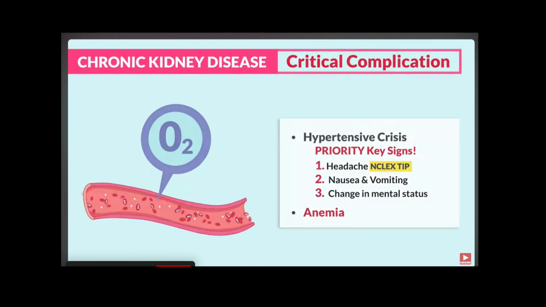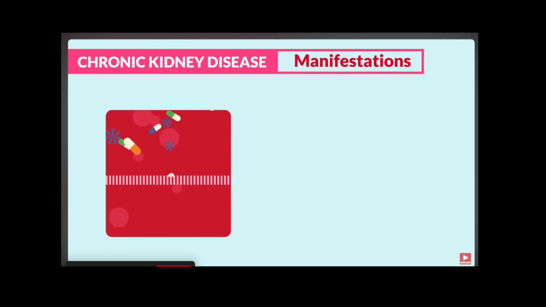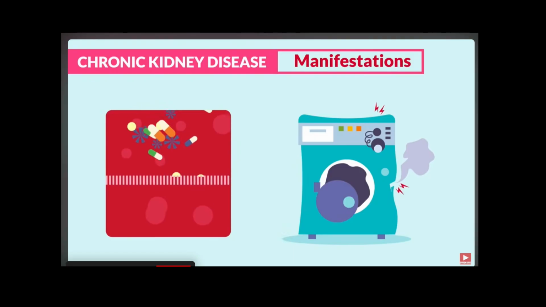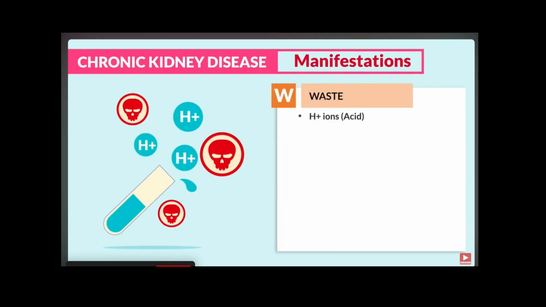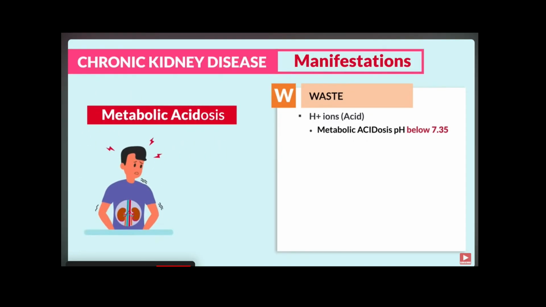Now, what is tested is excess waste and electrolytes in the blood due to these broken washer machines. So for waste, we have hydrogen ions. Just think acid when you see hydrogen ions. We get metabolic acidosis with a pH below, key number here, 7.35, due to the retention of all those hydrogen ions.